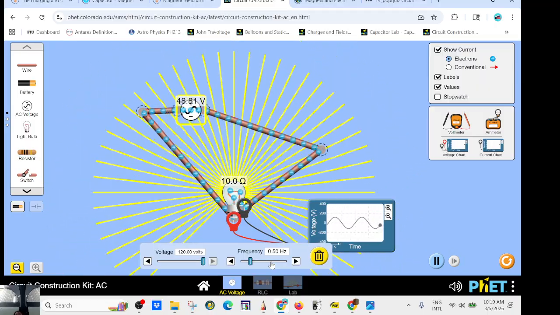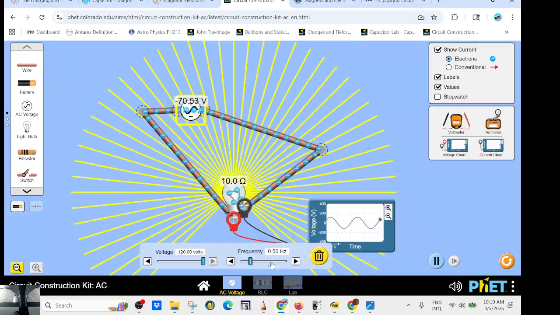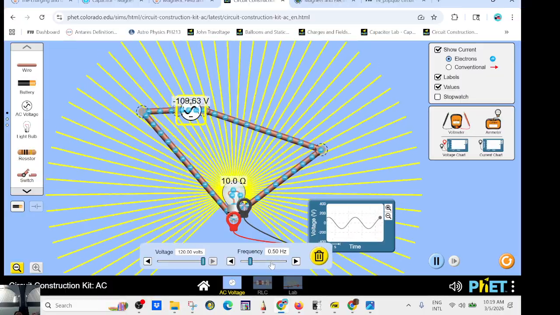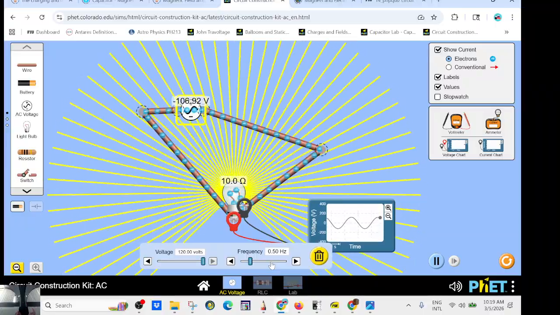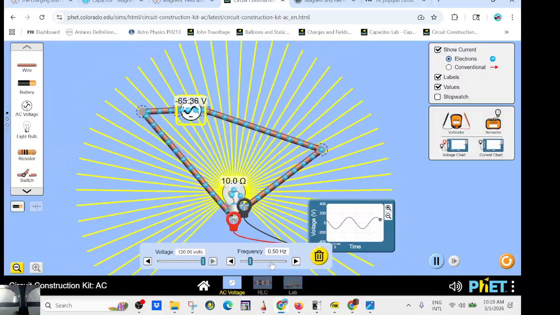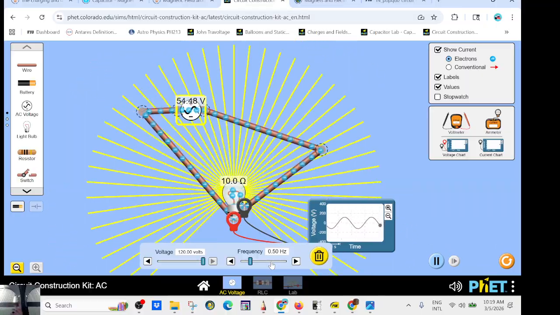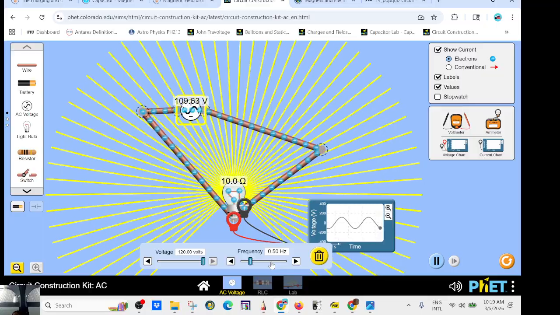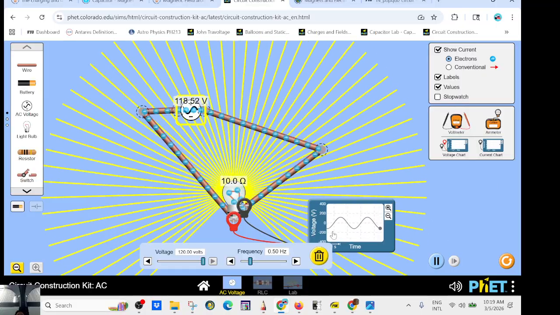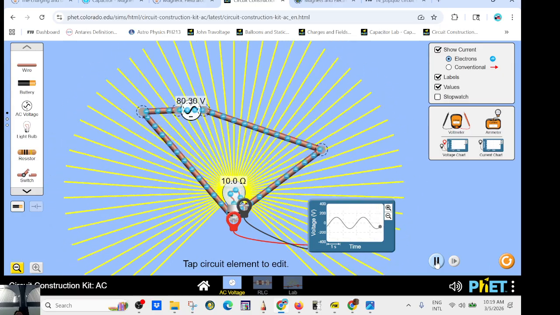So 0.5 cycles per second. So one cycle is how many seconds? Wake up, you are doing something else. 0.5 cycles per second. How many seconds per cycle? 2. One over one half is 2. So from crest to crest, that will be the period. The frequency is 1 over the period.